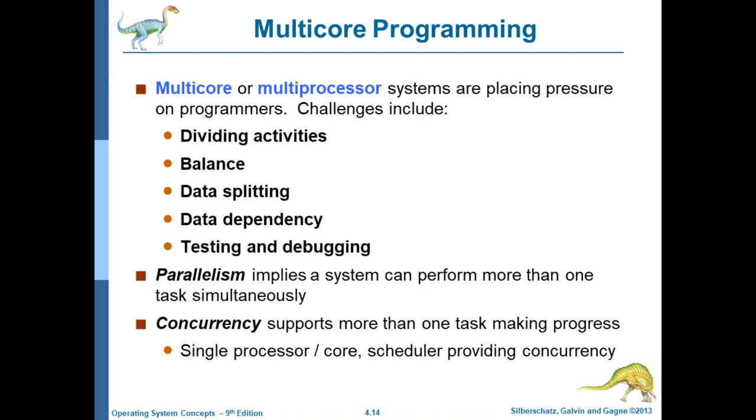This is achieved by using a scheduler that allocates CPU time to each task according to some criteria. These are some of the main challenges and concepts of multicore programming. In the next slide, we will see how threads can help us implement multicore programming.